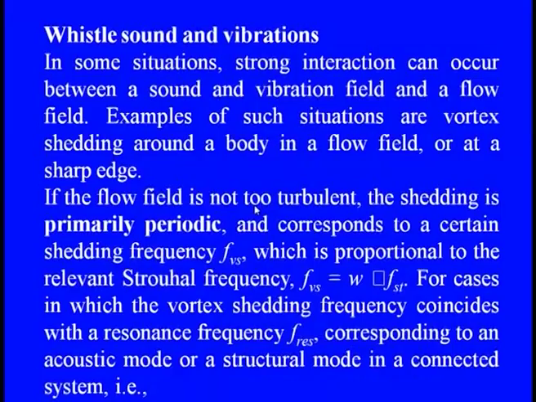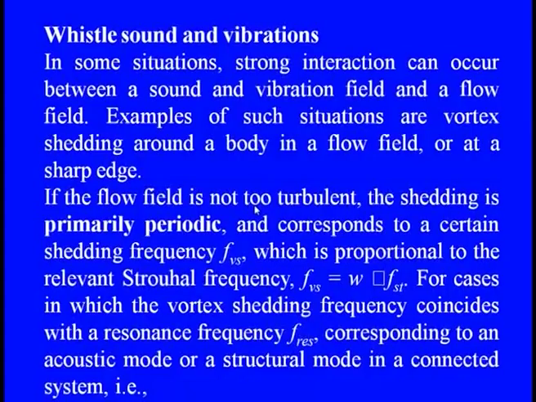And in this, you see here, the vortex shedding is being generated around the body of the flow field, or we can say at the sharp edge. And if the flow field is not significant in the turbulence part, then the shedding is always periodic, and which corresponds to a particular dedicated frequency, the characteristic frequency of the shedding, called the shedding frequency.